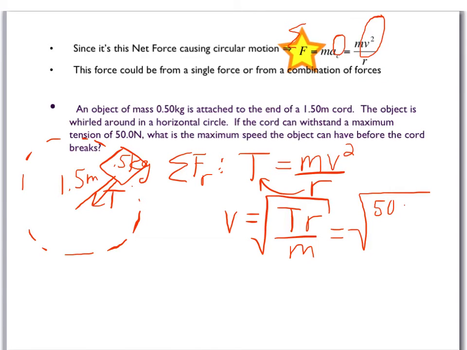We know that the radius of this circle is 1.5 meters. And the mass of the object is half of a kilogram. When we plug all those values in, we can now solve for our velocity, and you get about 12.2 meters per second as the maximum speed you could spin this thing around at and still have your cord withstand that sort of tension.